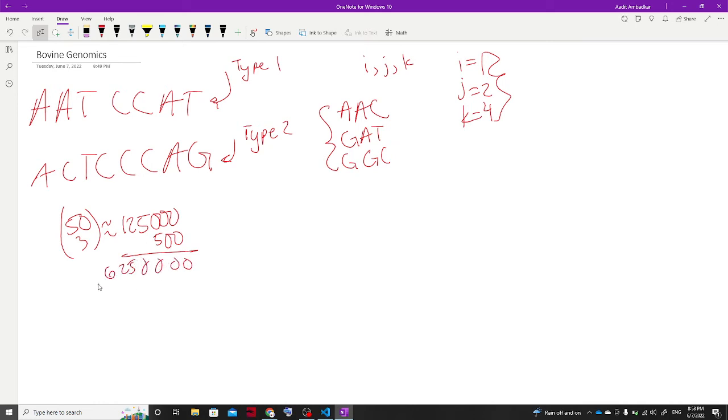So this is somewhere around the order of magnitude of your algorithm. And that's well within 10 to the power of 8, which is about the time limit you want to set for yourself in bronze. Actually this is 6 times 10 to the power of 7. So this algorithm works.